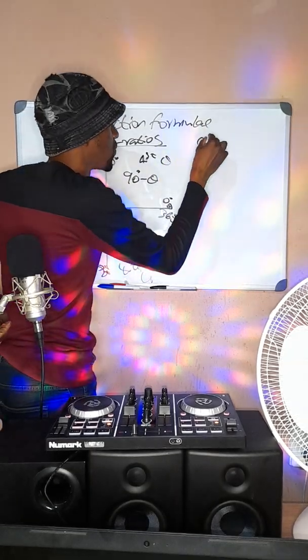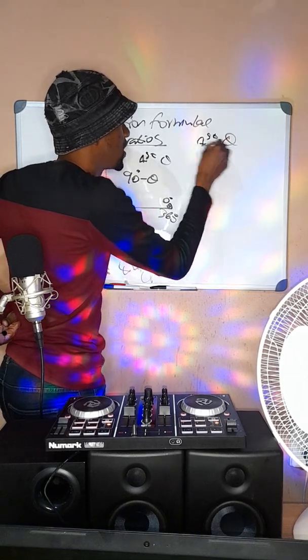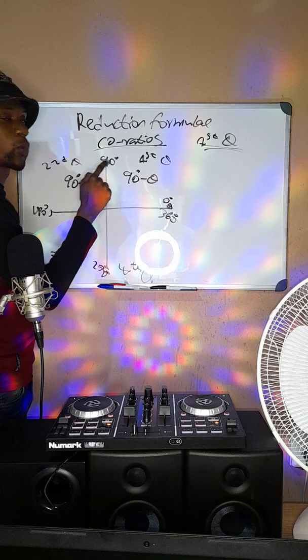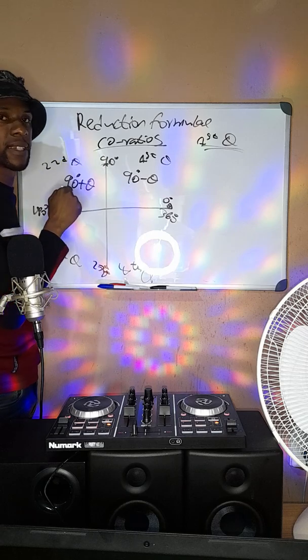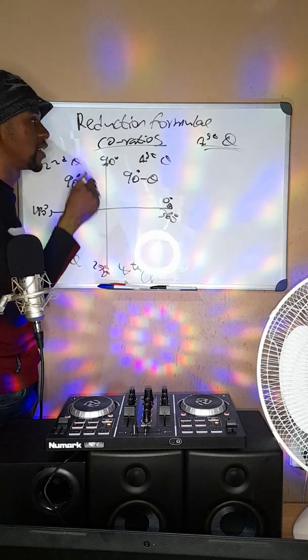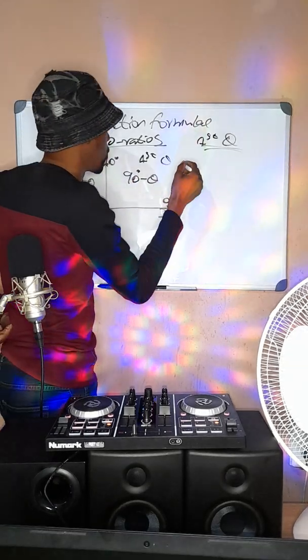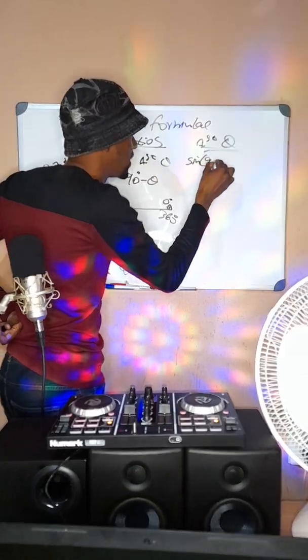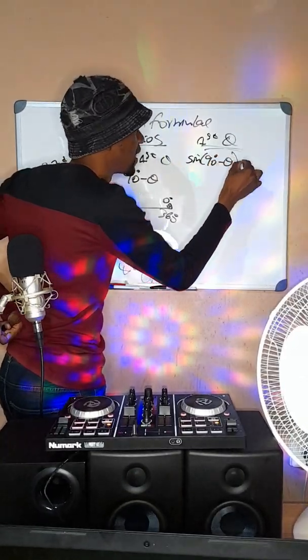We start with the first quadrant. With the trig ratios, in our scope, we are only limited to the first quadrant and the second quadrant, and we focus only on the sine and the cosine. That's our scope. We start with the first quadrant. We are going to have the sine of 90 degrees minus theta there.